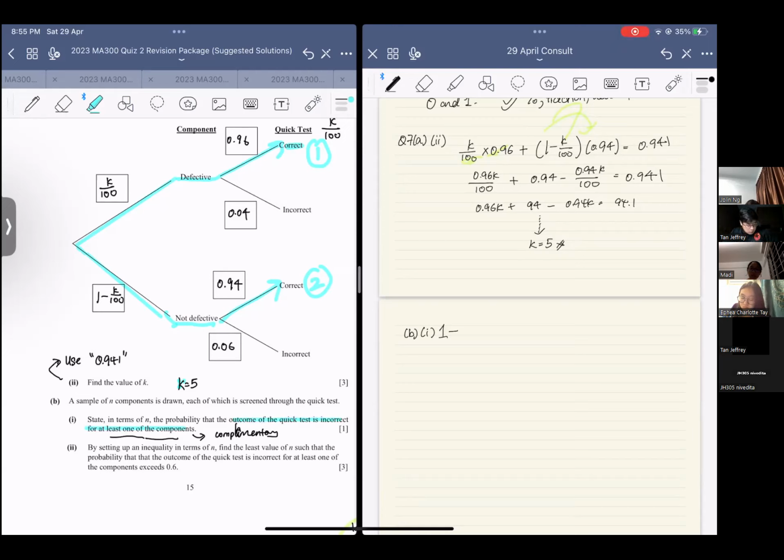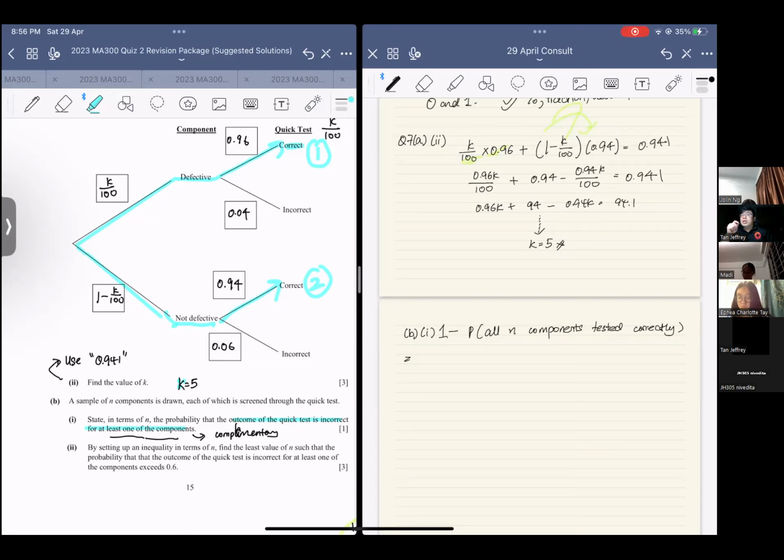What does it mean? It means that I take 1 minus the probability that all n components are tested correctly. All n components are tested correctly means I don't even want to let at least 1 happen. I want to go against this at least 1.